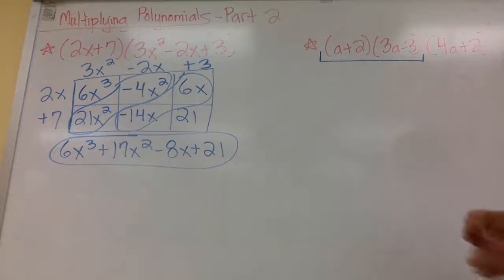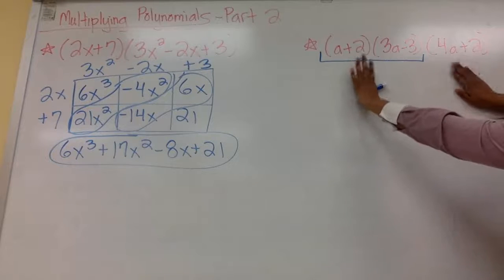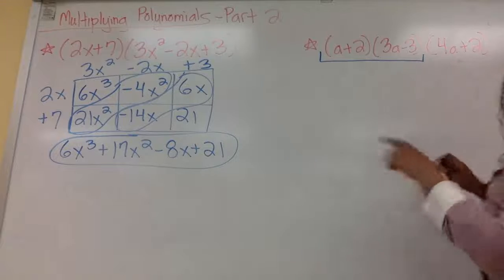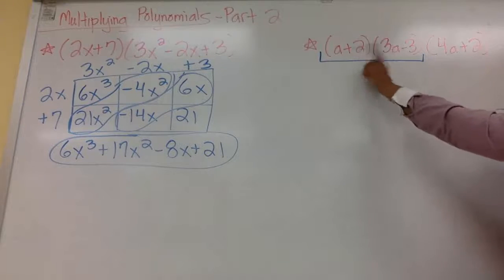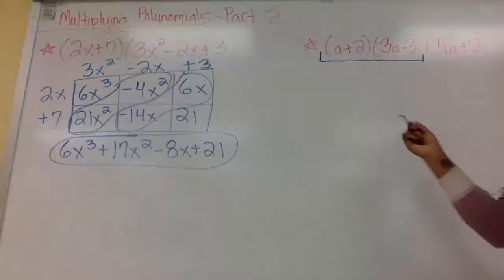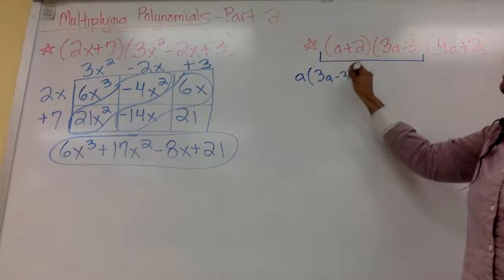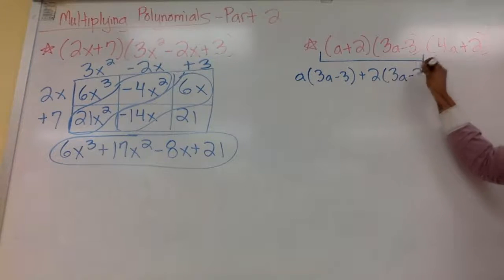It doesn't matter if you want to multiply these 2 first, or these 2 first. You only can multiply 2 of them at a time. So no particular reason, but I'm going to multiply these 2 first. And I will do this one using the distributive property, since I used the last one using the box method. So we'll mix it up a little bit.